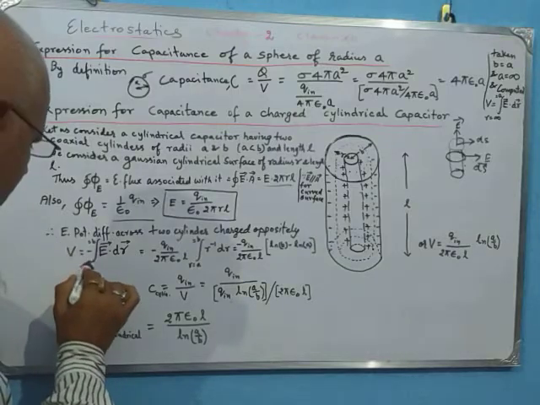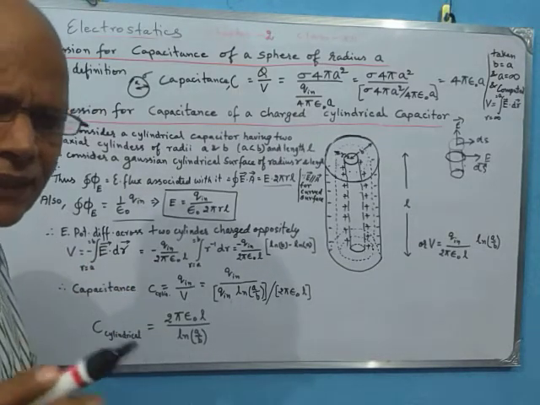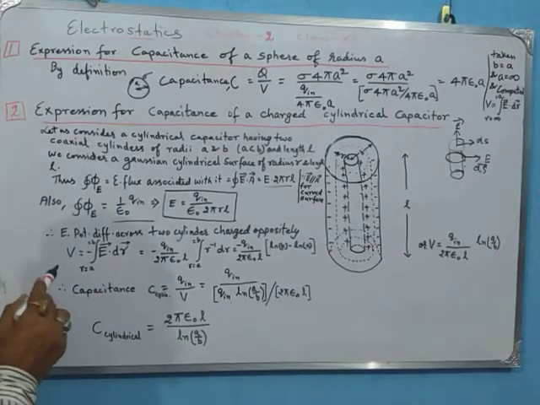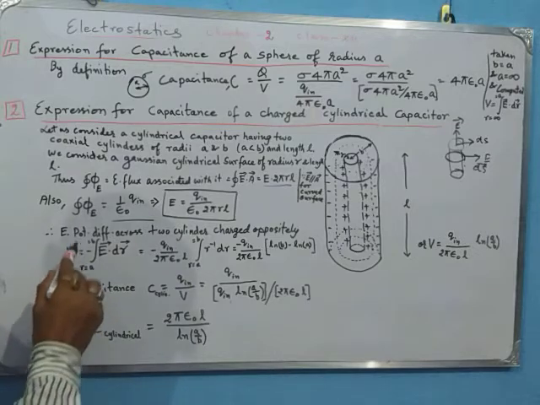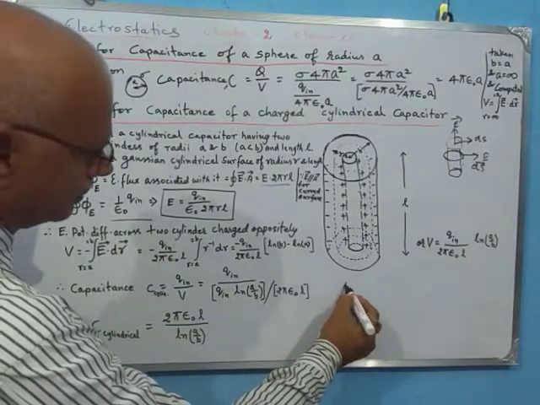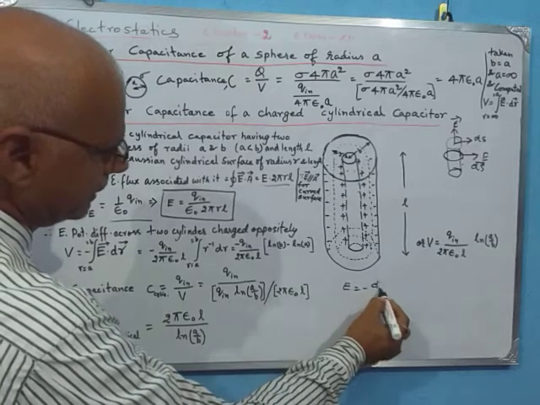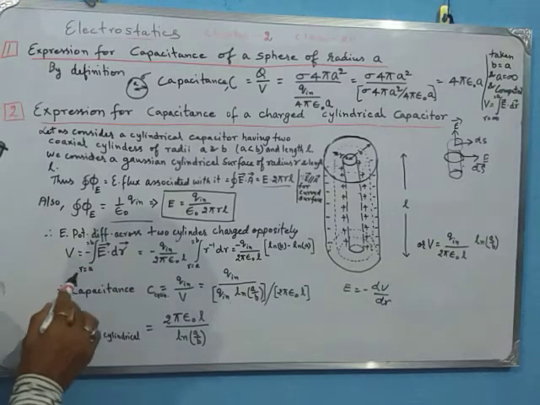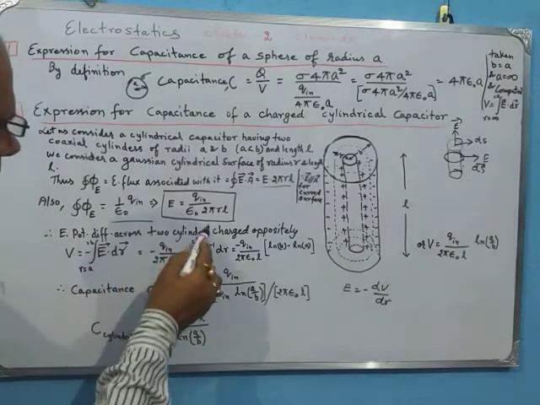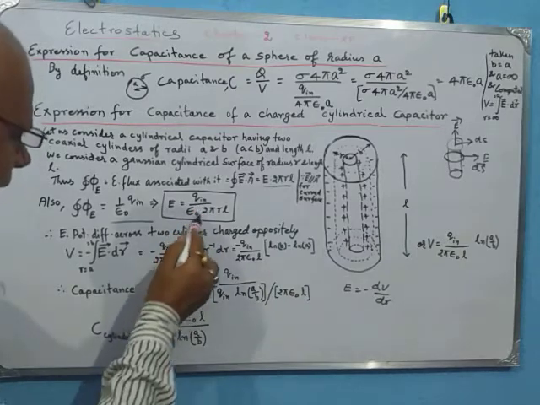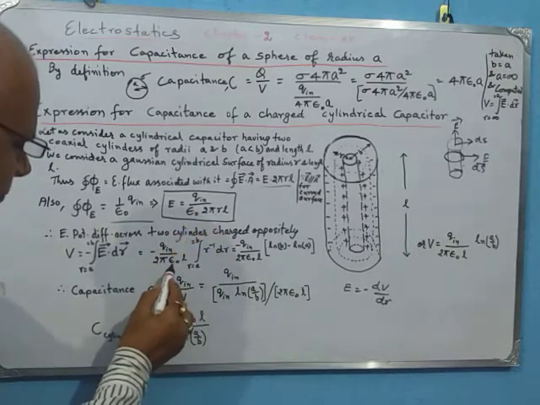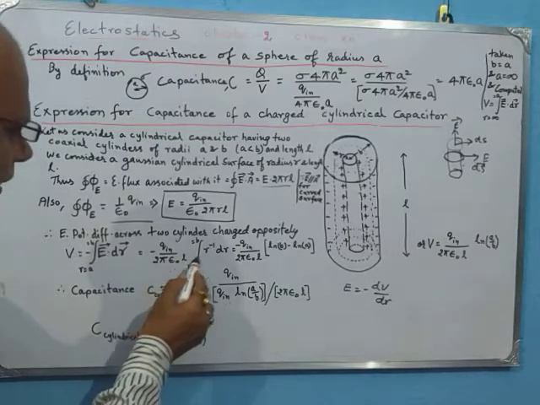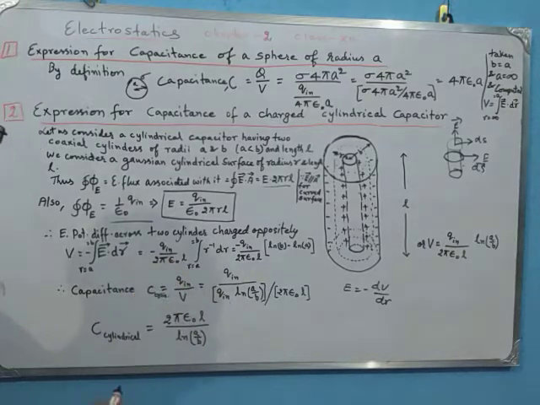Now the potential difference is found by finding the amount of work done, that is E dot dr. We have already talked about E equal to minus dV by dr. So we use this relation: potential difference is equal to minus integral of E dr, and for the electric field we have q in by 2 pi epsilon naught r L. But r is variable, so we keep it within the integral, and L is constant, so we keep this factor outside the integral.